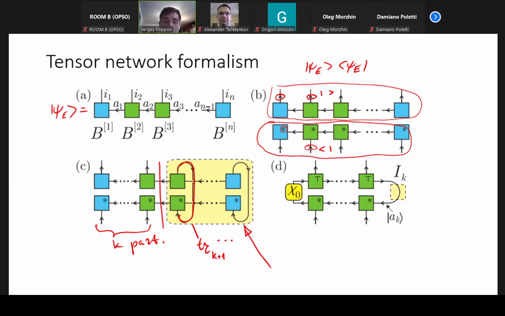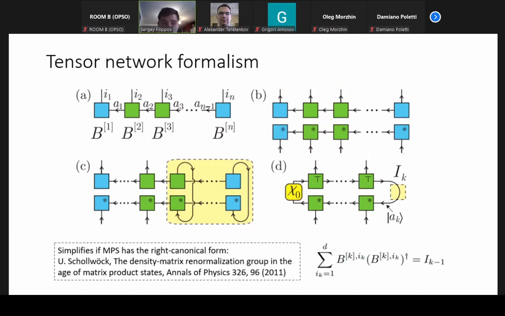But the situation becomes much simpler if the tensor network is written in so-called right canonical form. So that contraction becomes simpler in the right canonical form, and right canonicity is given by this equation, which can be always satisfied too. And then that contraction reduces to the identity operator. You can also notice that I changed the order of arrows here in the diagram.